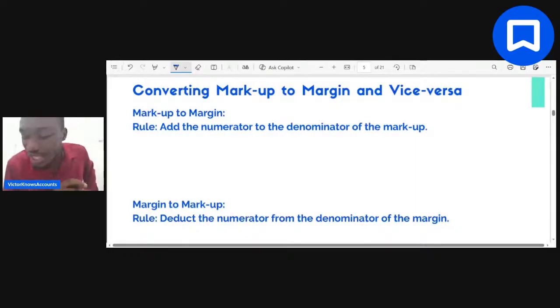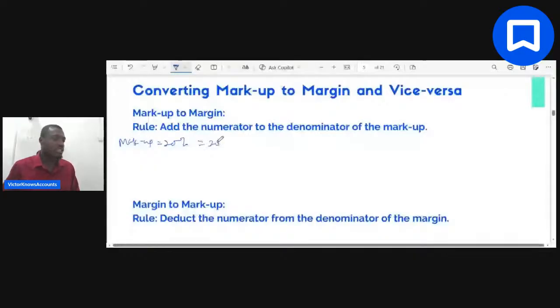All right. So let's assume that you have markup just as we had the other time. Markup equals 20%. Don't forget I said 20% is the same thing as 20 over 100. Let's leave it this way. They now say you should convert this 20% to margin. I used to give a little formula here.